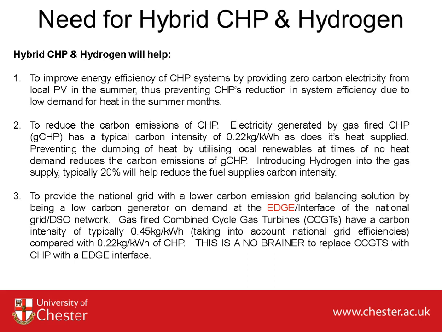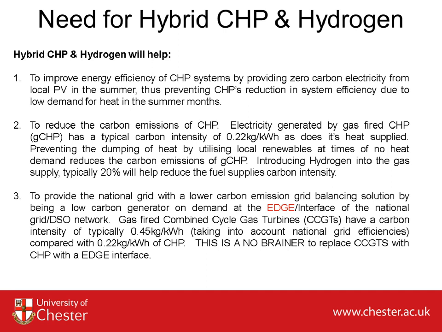This could happen through distribution system operators or the DSO network. And what we could do is start to bring on combined cycle gas turbines only when needed. I've estimated that's about a minimum of 5 gigawatts on the grid.